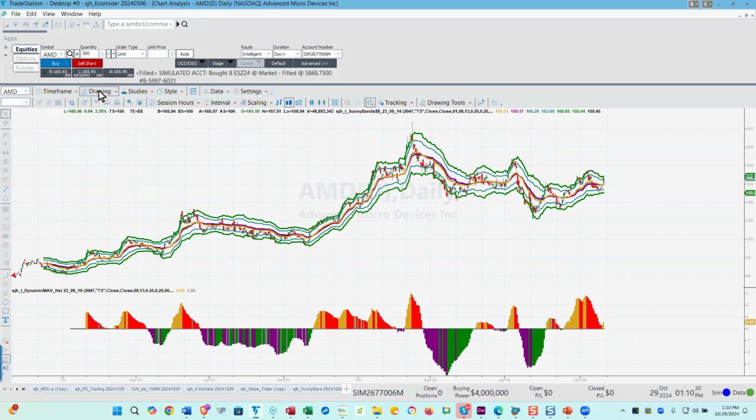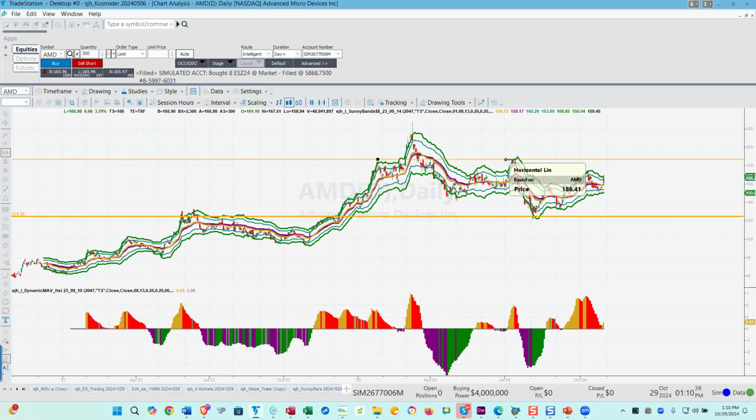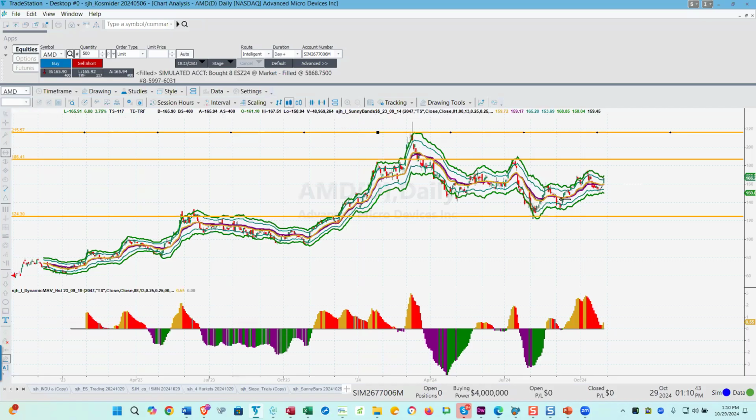So let's see if we draw a couple of attractors. We've got one down here. This is approximately that one at this level and at this level. And now this is just going nowhere right in the middle of all that. But I do think it's going to come up to this first orange line at 186.41.